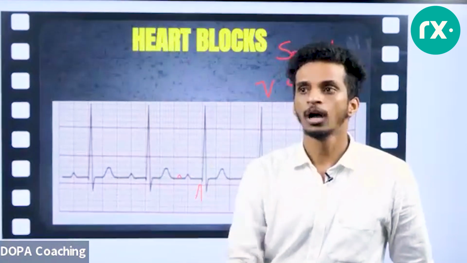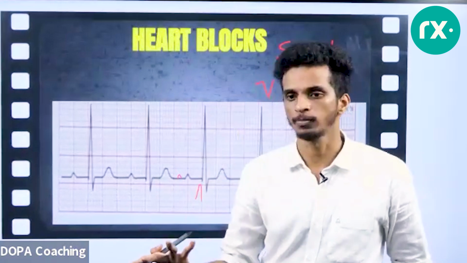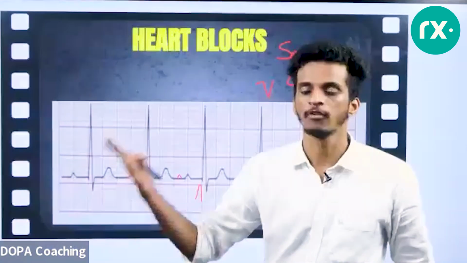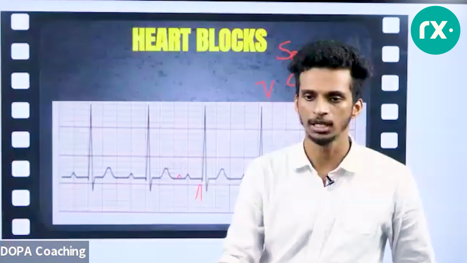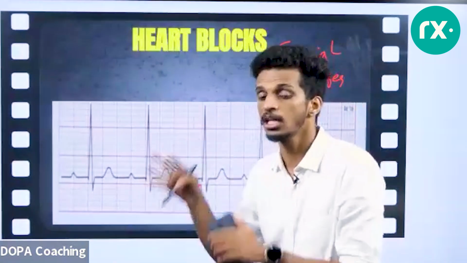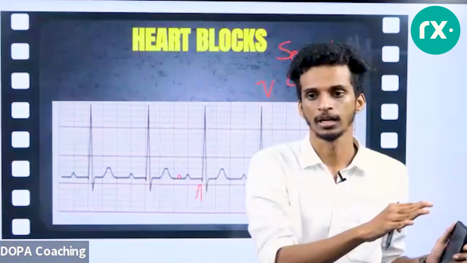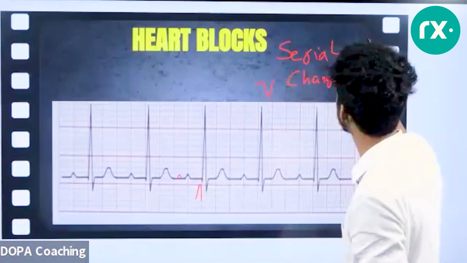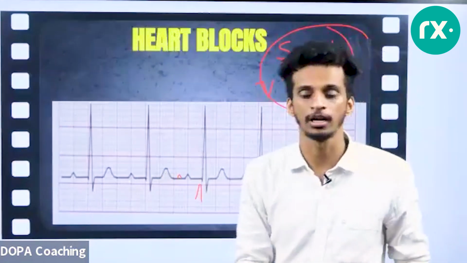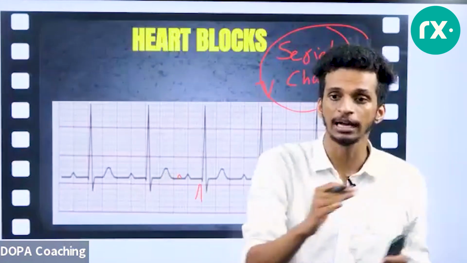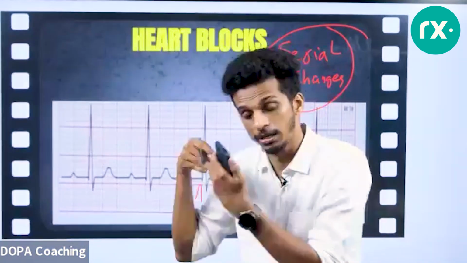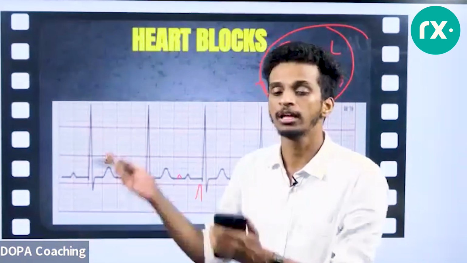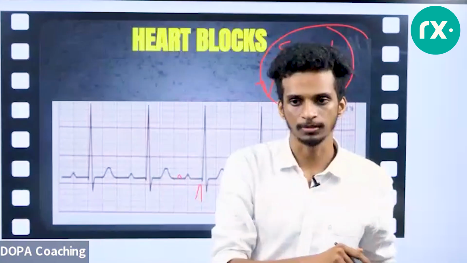I'm confused whether it's significant or whether it's an old change or a new change. What I'll do is ask the patient to wait for 1 hour, and then repeat the ECG and look for any new changes that the first ECG didn't have. If there is any new change, I call it a serial change, and serial changes are significant because something new has occurred in that 1 hour. That means the myocardium of your heart is dying. So if there is a serial change, again, it's an acute event.